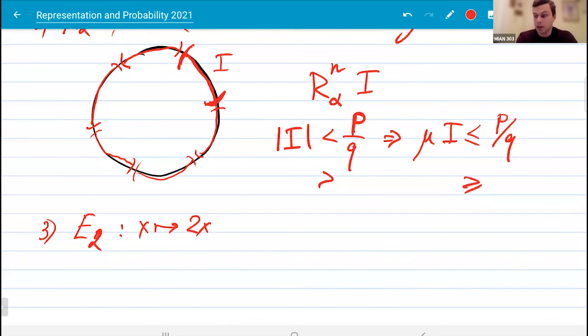But next time we'll discuss a bit more of the general theory, and then we will want to discuss how this theory is related to the limit results in probability theory, to the law of large numbers, to the central limit theorem.